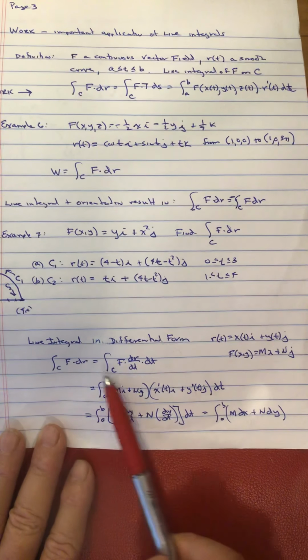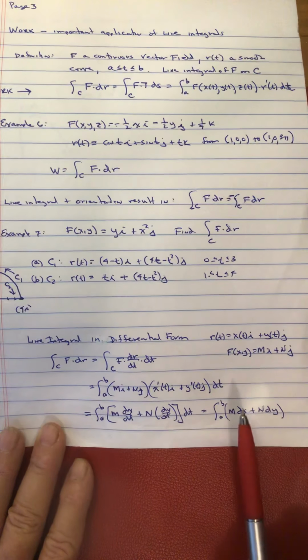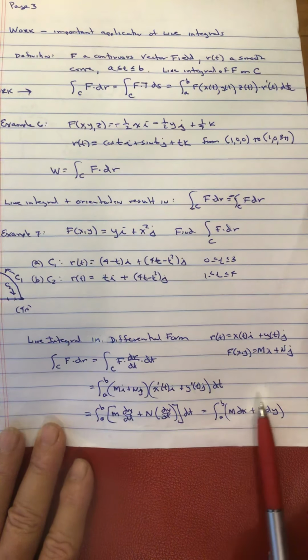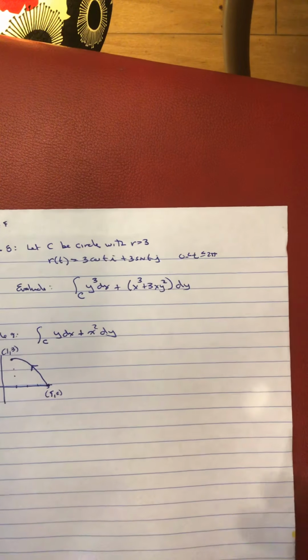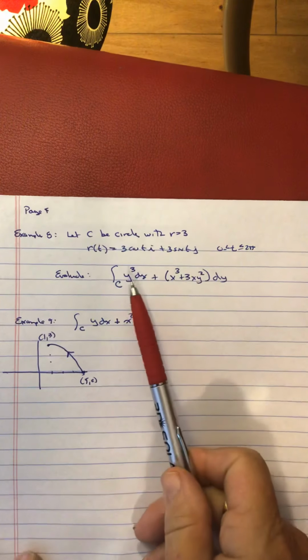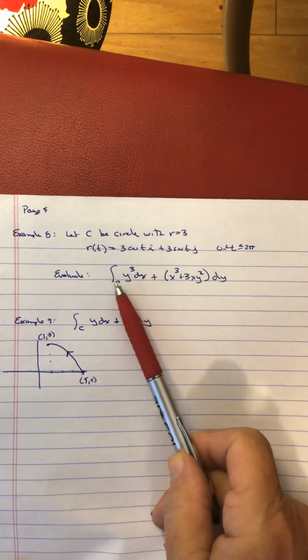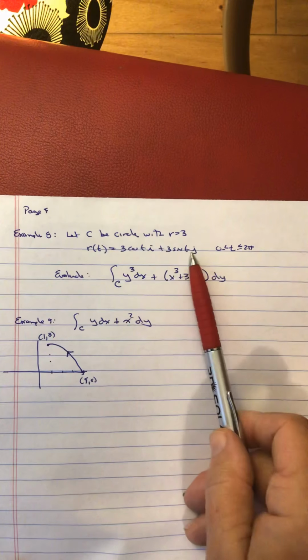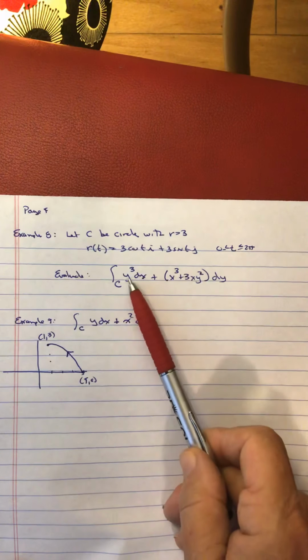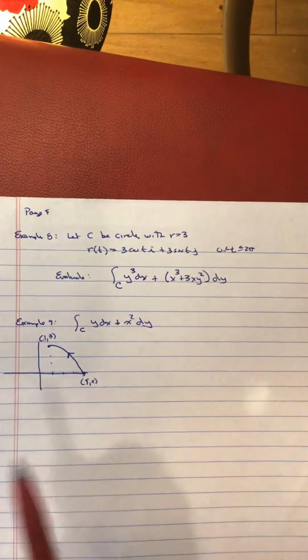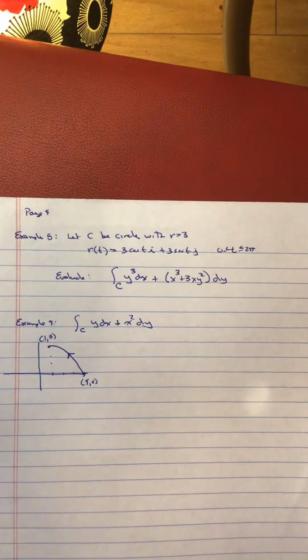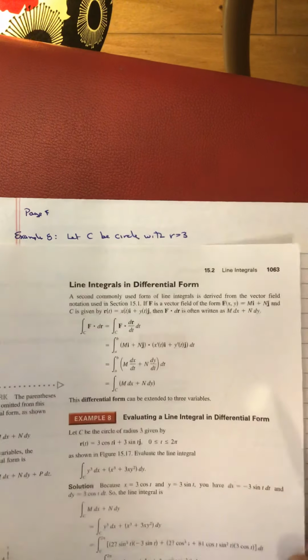So the integral from a to b of M dx plus N dy is another way of writing this vector field. If it's given in this form, here's work. Integral over the curve, there's the curve, here is M dx plus N dy. And so you do your substitution.